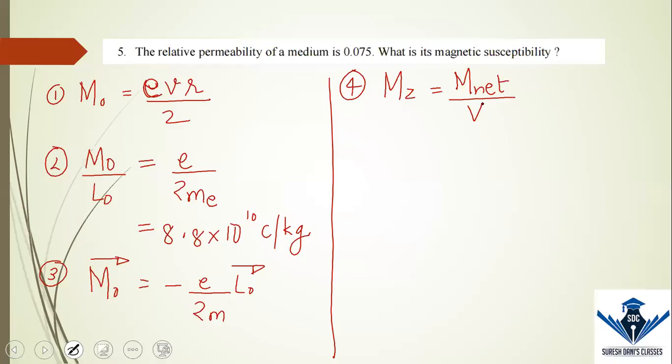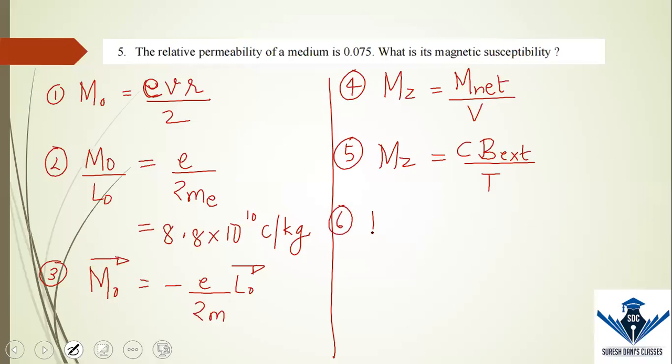Magnetization is again a vector quantity. It is also directly proportional to, if you remember Curie's law, mz is C into B external upon temperature. This was Curie's law. So magnetization formula, formula number 6.